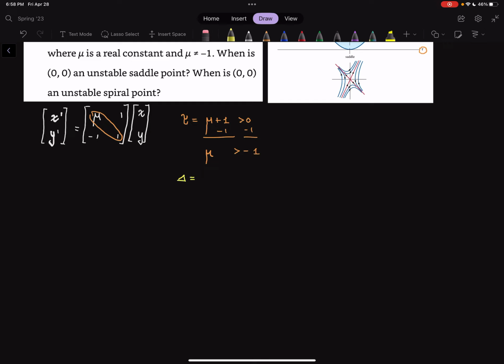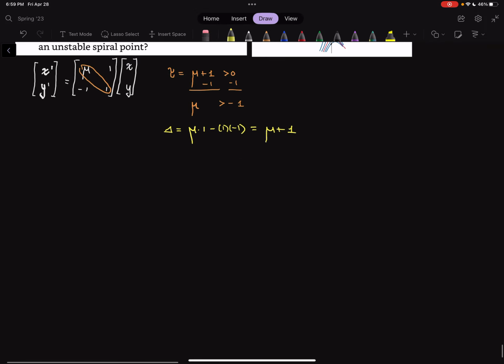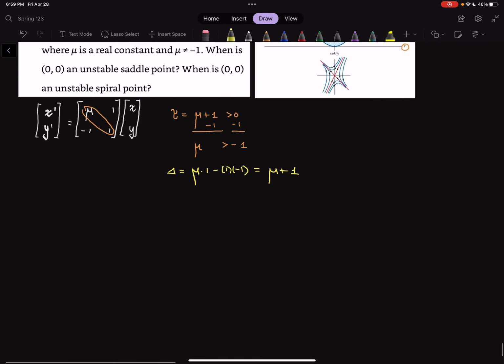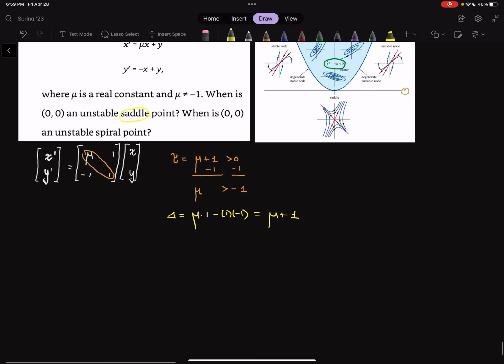The determinant is going to be mu times 1 minus 1 times negative 1. The product of these minus the product of these. Okay, so what are we going to get? Mu plus 1.